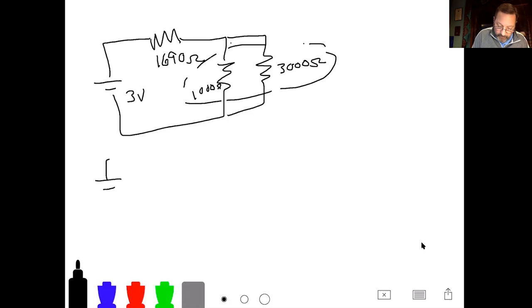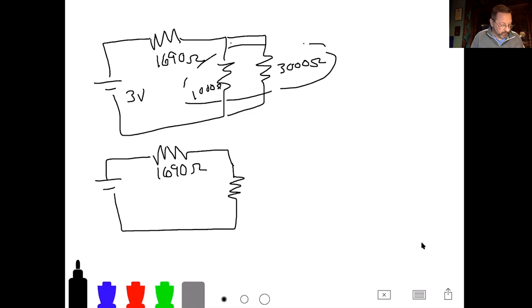The 1690 ohm resistor just gets redrawn, and I need a single equivalent resistance that replaces those two. I'm looking for my numeric values. There we go. How do I find the equivalent resistance?